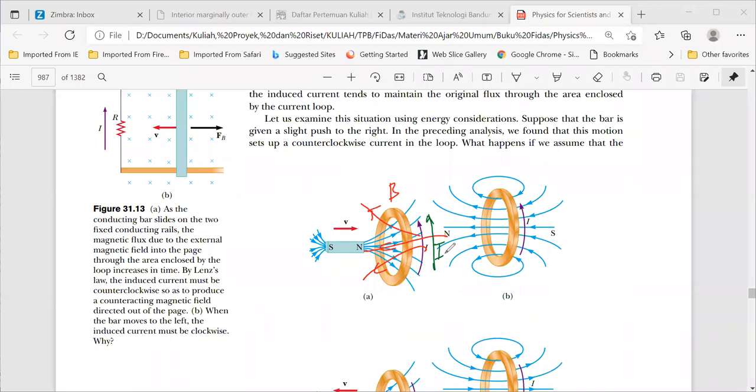So this is the induced magnetic field. This one is the induced.